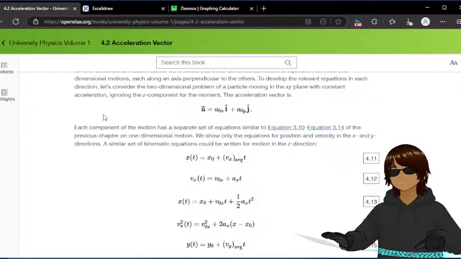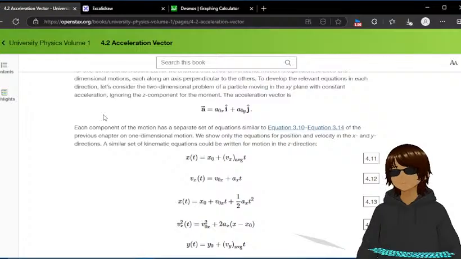Each component of the motion has a separate set of equations similar to 3.10 to 3.14 of the previous chapter on one-dimensional motion. We show only the equations for position and velocity in the x and y directions. A similar set of kinematics equations could be written for motions in the z direction.